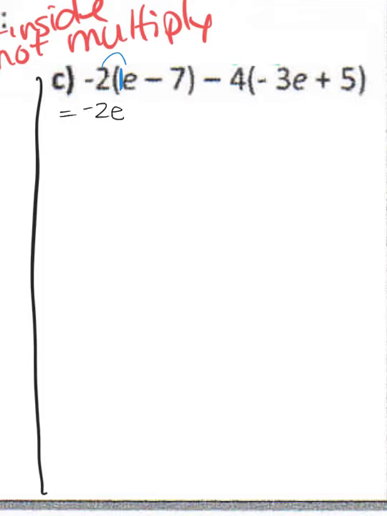My e comes along for the ride. I'm then going to do negative 2 times negative 7. Remember here that in this one, a negative times a negative actually gives me a positive number. So negative and a negative, that's going to give me a positive. Okay. And 2 times 7 is 14.